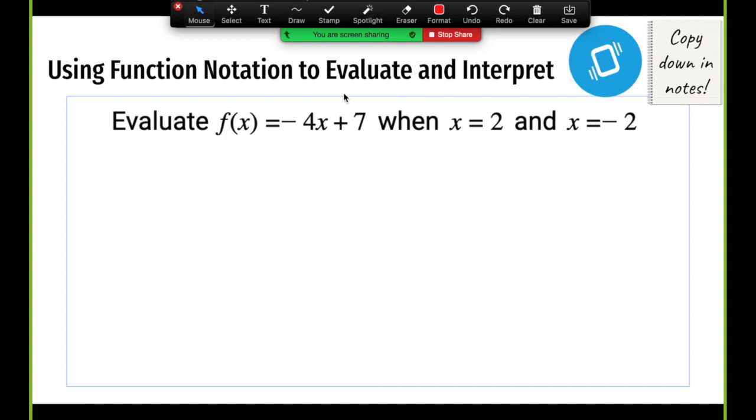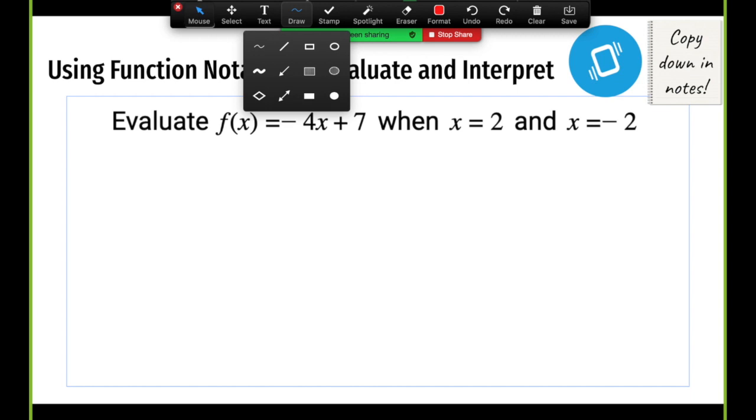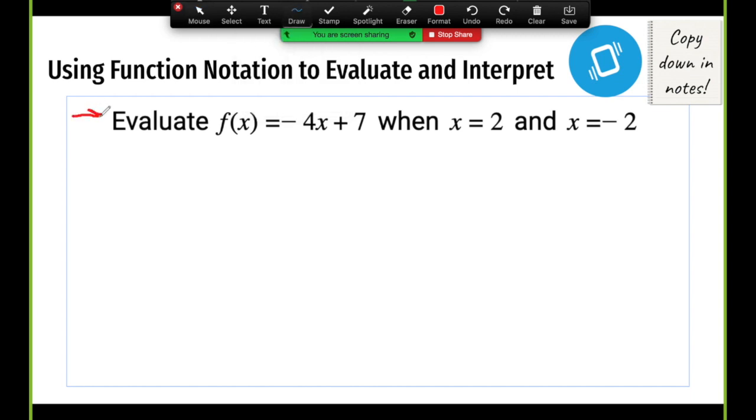So using a function to evaluate and interpret, we have this example shown right here: evaluate f of x equals negative 4x plus 7 when x is equal to 2 and x is equal to negative 2. Let's start off with x equaling 2.